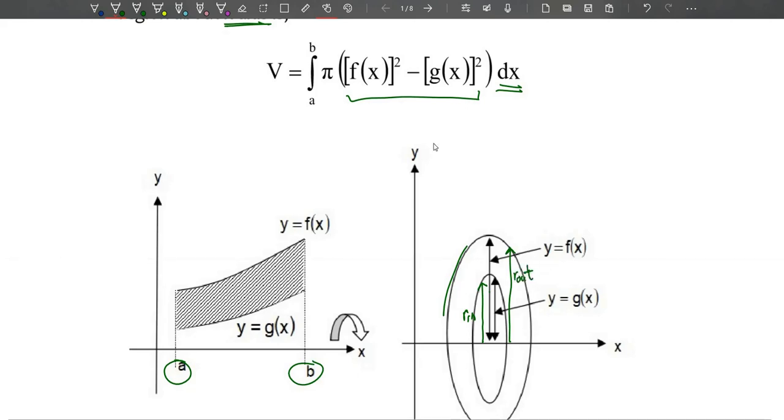That's why V equals the integral from a to b of pi f(x) squared minus the inner one, which is pi g(x) squared, dx. The reason for the pi to be outside is because we factorize. Let's look at the example.